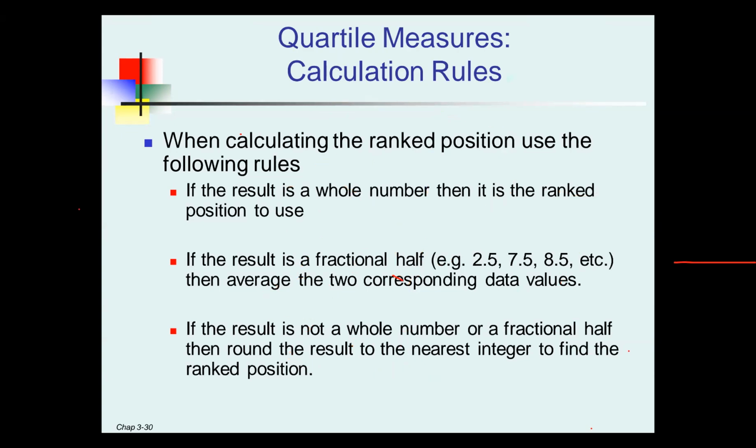The rule is, if the result is not a whole number and not the fraction half, then you round the result to the nearest integer to find the ranked position. So for example, you have 2.7. You round this up to 3. Did you get that?